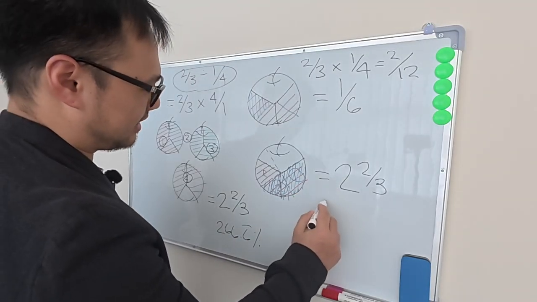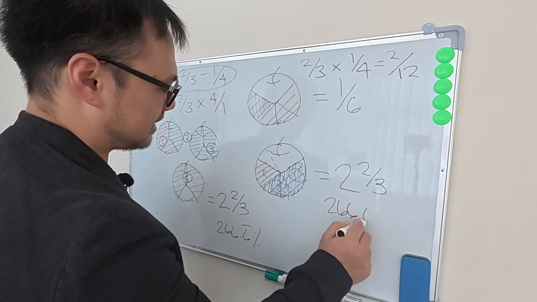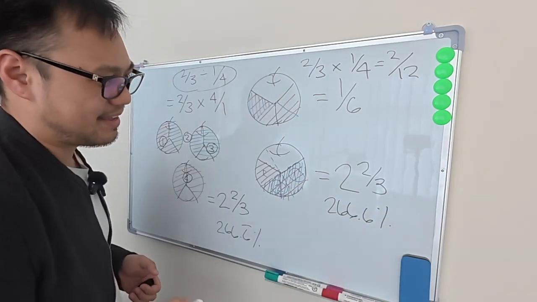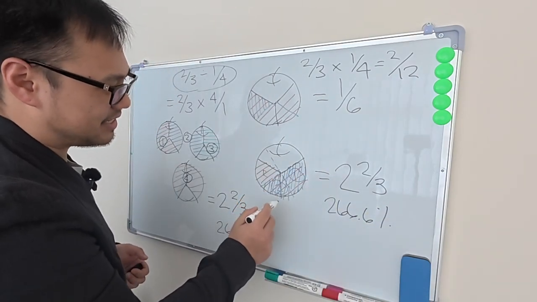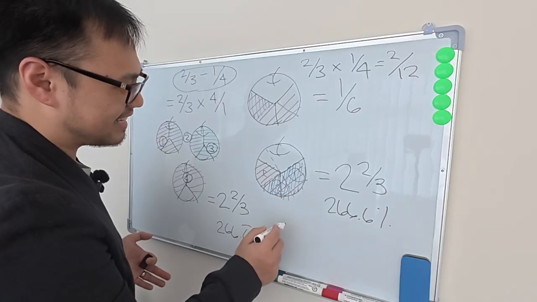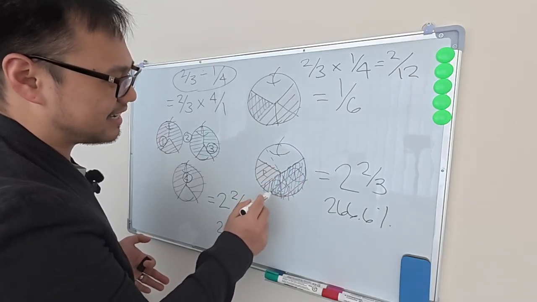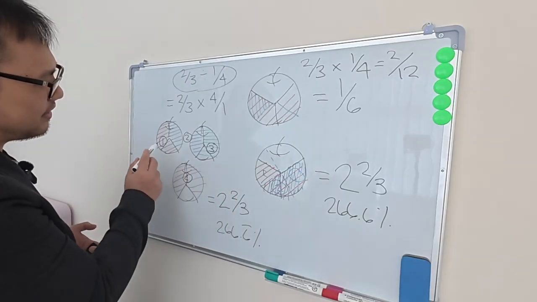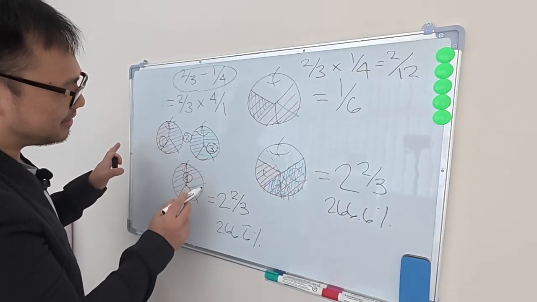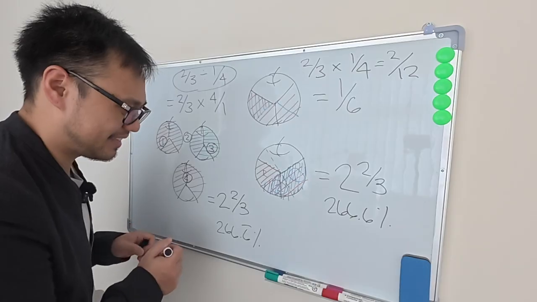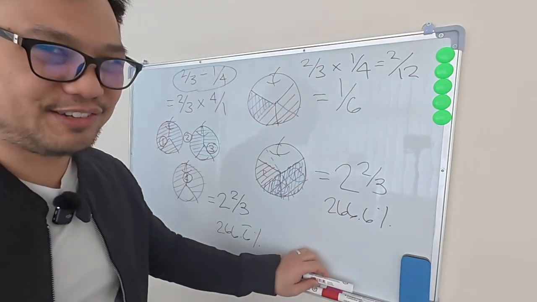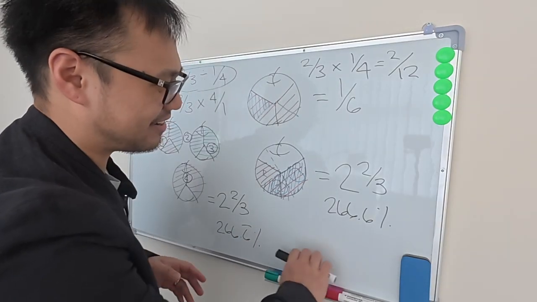And this one you also get 266.6%, right? But in this image, you only literally get 2/4 and 2/3 of a quarter, whereas in this image you get 2 whole apples and 2/3 of a remaining apple. Confusing? Yes. Is it mathematically correct?